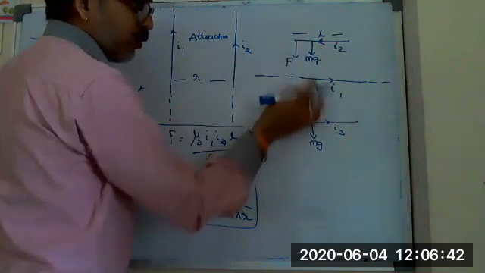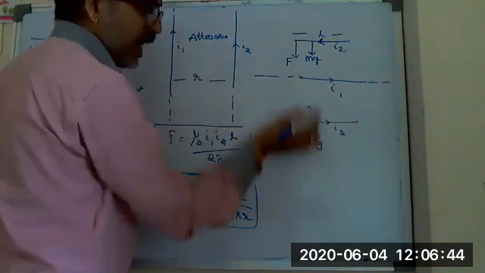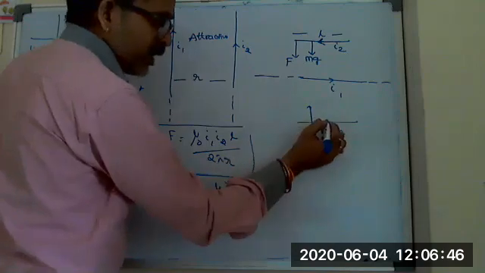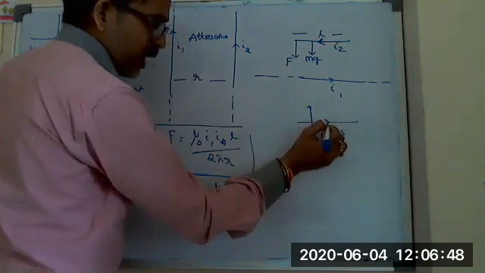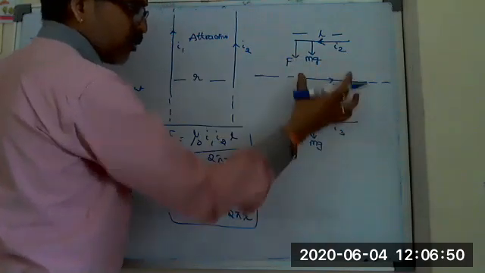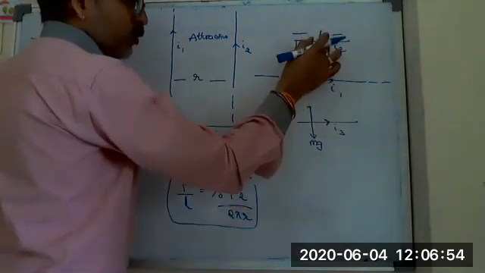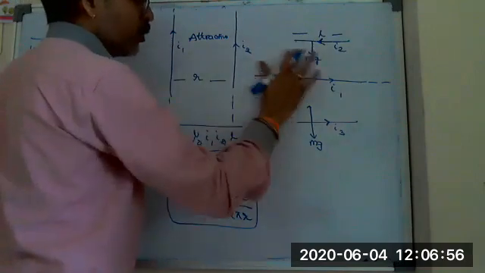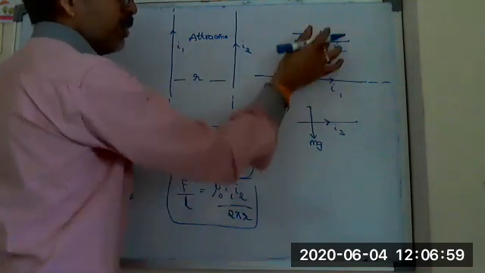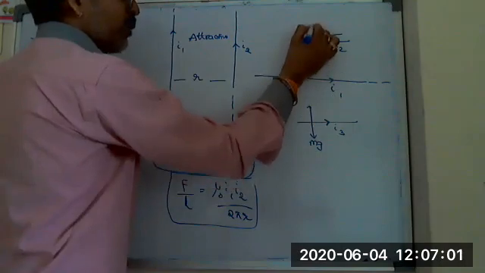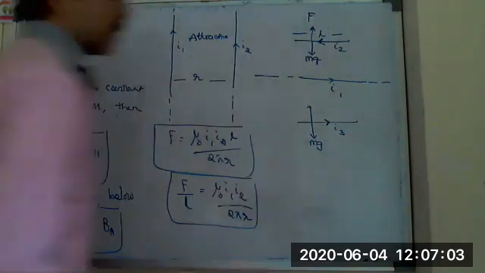So here the force between these two must be attractive. It means the current should flow in the same direction if the finite conductor is placed below, and if the finite conductor is placed above, the current should flow in the opposite direction. Opposite direction means the force between these two is repulsive. You will get the force like this.